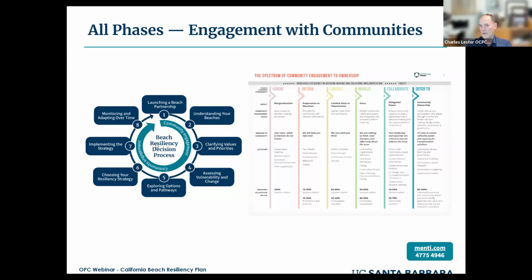That's the spectrum there, from, for example, informing people about what you're doing or consulting with them, to involving them, to collaborating, to actually co-producing content with the folks who are interested in what you're doing. So that's something we're making sure to develop, and the guidance would also be providing examples or ways to do engagement that's more engaging. Sounds silly, but that's what we're talking about.